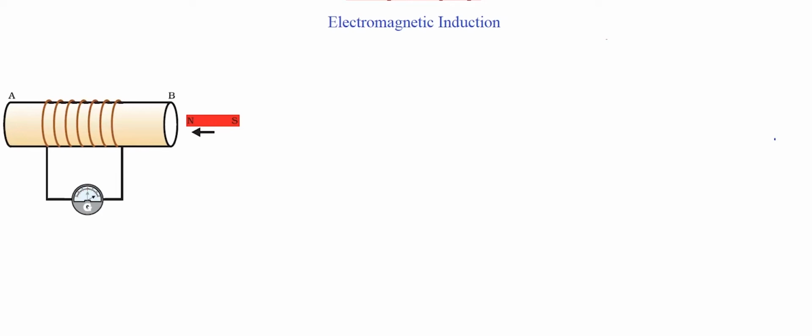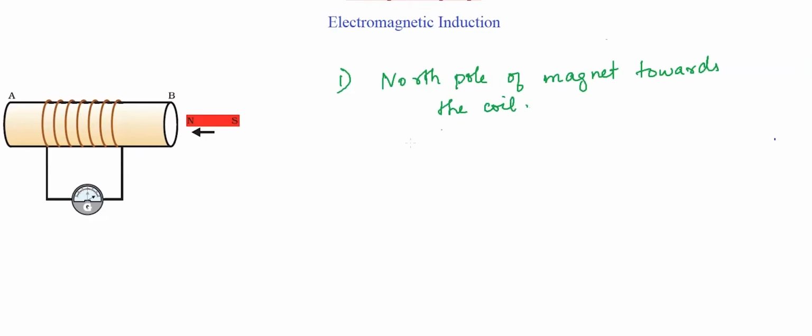At first, in the activity, we are bringing the north pole of the bar magnet towards the coil. What is observed is that the galvanometer needle deflected towards the right, as shown in the figure, indicating that a current is flowing through the circuit.